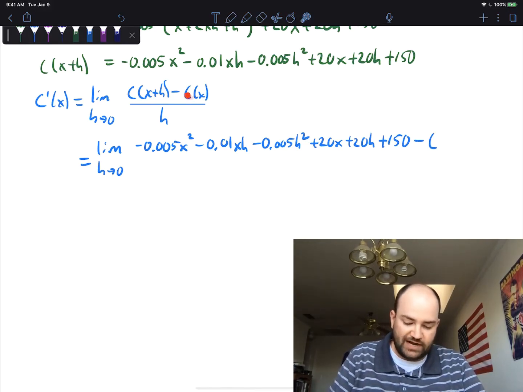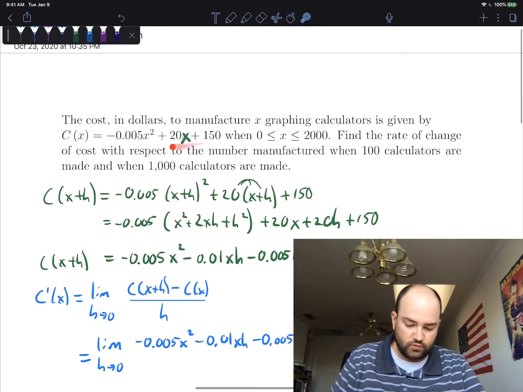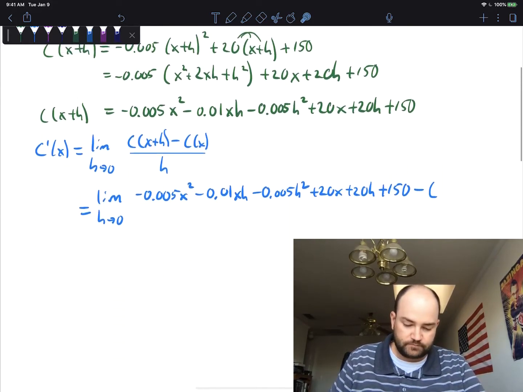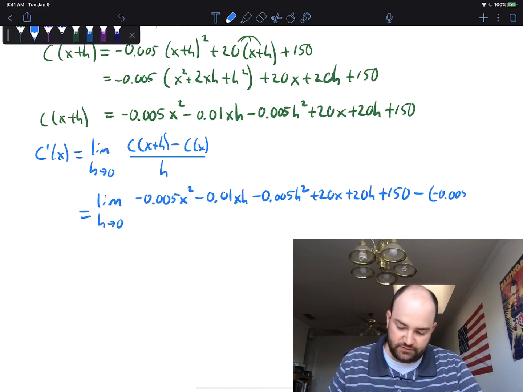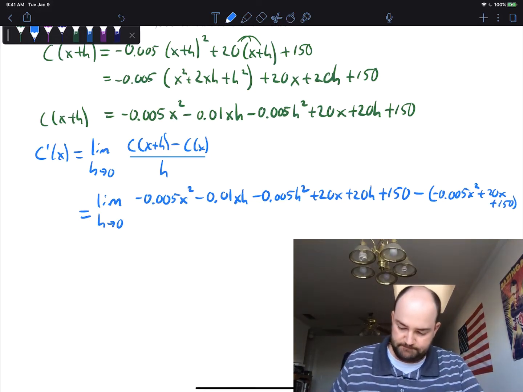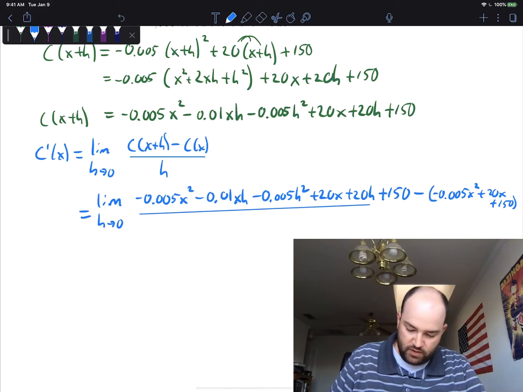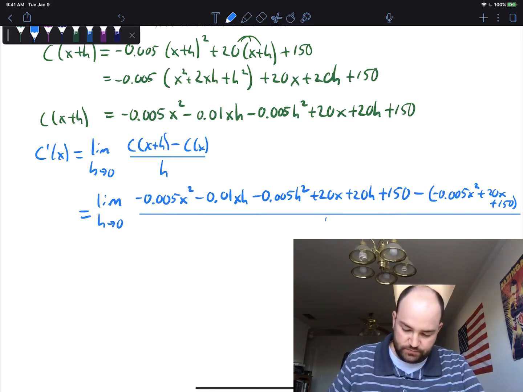And then we're going to subtract off the original C of x, which is negative 0.005x squared plus 20x plus 150. Then, of course, all over h.